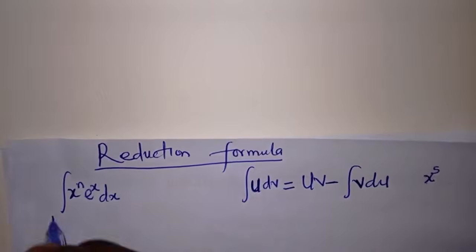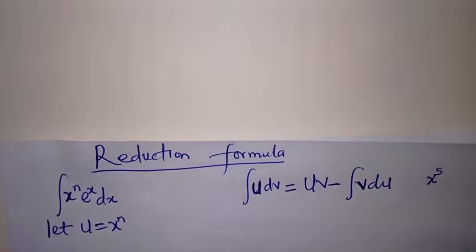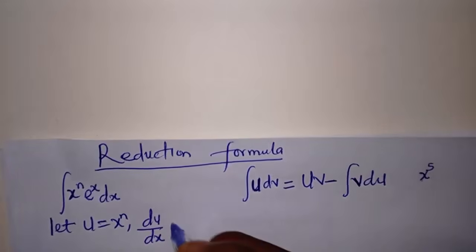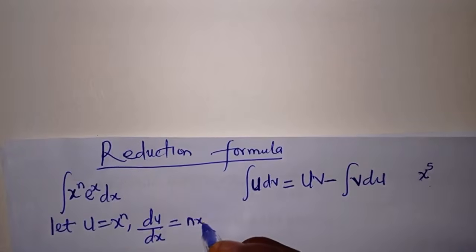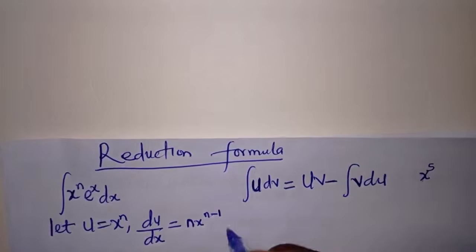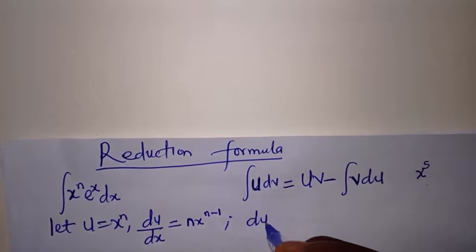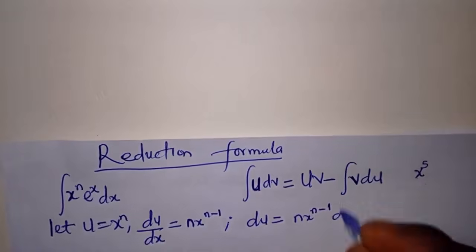So I will say let u be equal to x to the n, so that differentiating u with respect to x, du dx is n times 1, which is n, into x to the power of n minus 1. If we cross multiply, du will be equal to nx to the n minus 1 dx.